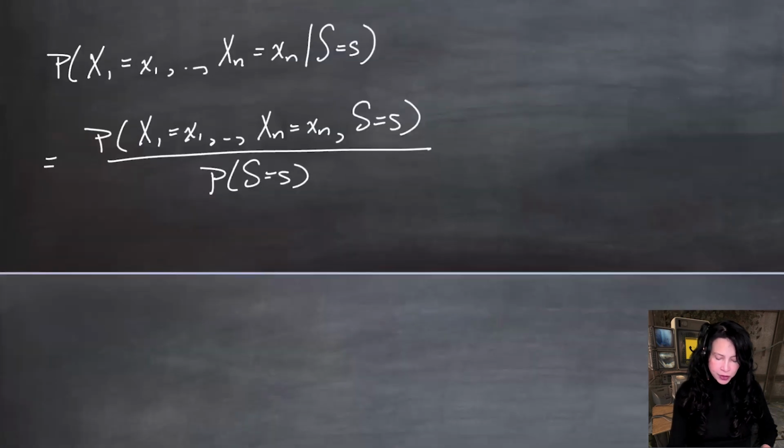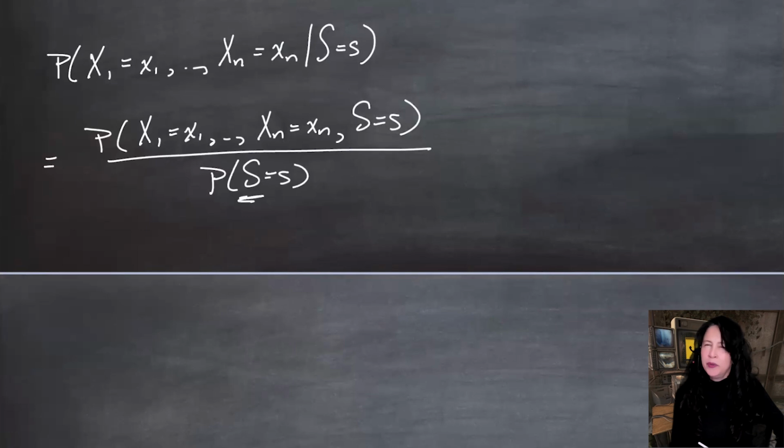The S here is the sum of the x's. I think we did this way back when, but what is the distribution for the sum of Bernoulli random variables, IID ones? This is a job for moment generating functions. If you take the moment generating function for the Bernoulli distribution, which you can find in your table, and raise that to the nth power, you'll see the moment generating function for the binomial distribution with parameters n and p.